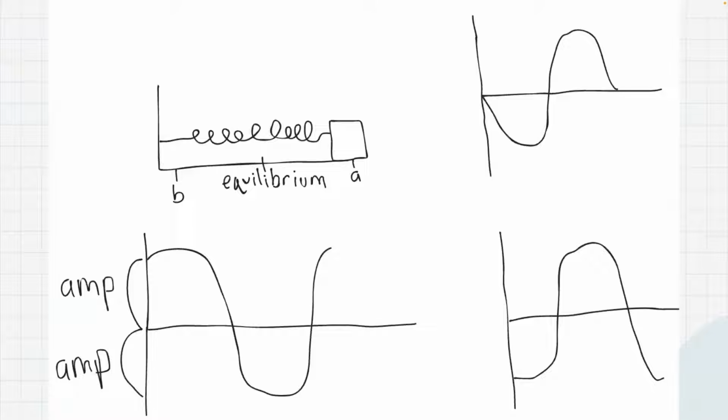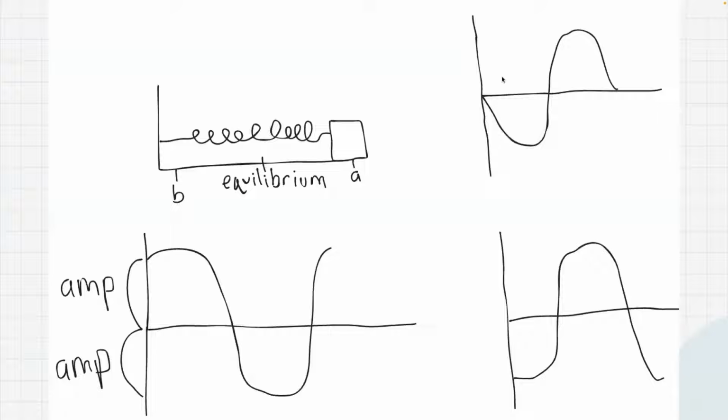How do we find which one represents acceleration? Well, to do that, the graph of acceleration will be opposite of the graph of position. Because if it's displaced by a positive amount, the acceleration is going to be in the opposite direction, negative. And since it's initially displaced at a position of A, and it's away from the equilibrium, that means there's going to be a negative acceleration in the opposite direction at time equals 0.